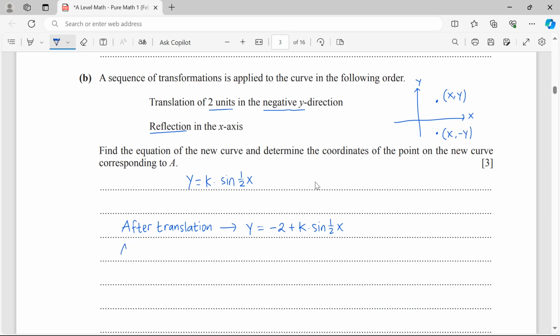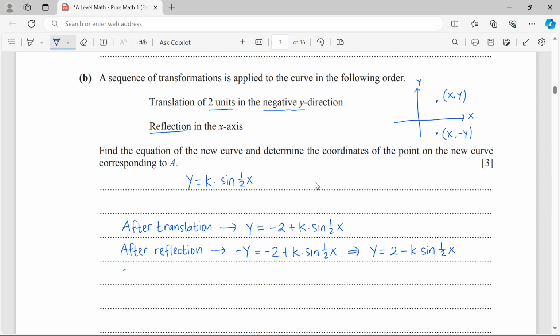So that means after reflection, the y value becomes negative y and the x value stays the same. So negative 2 plus k times sine 1 over 2x. That means if you multiply by -1 on both sides, you are going to get y equals 2 minus k times sine 1 over 2x.